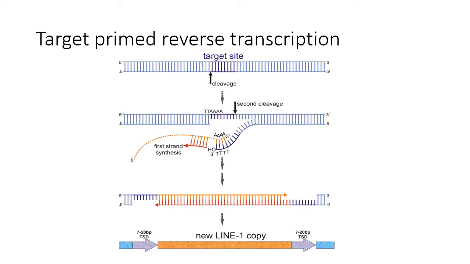So what happens is there's a target site cleavage by this endonuclease, and we envision this as peeling off of the target strand to align with the run of A's that occurs at the end of the L1 element. There's a bunch of A's there. So what that does essentially is provide a primer for the synthesis of the first strand cDNA. When you align your A's and then with your T's, they're base paired, that provides a 3' hydroxyl where reverse transcription can begin to copy the first strand of DNA, which is shown.